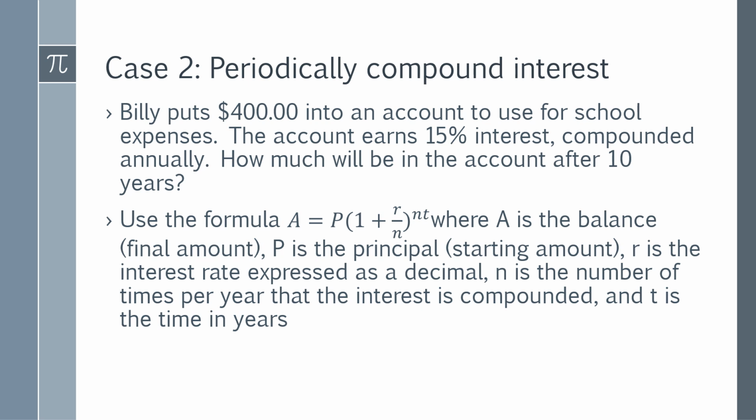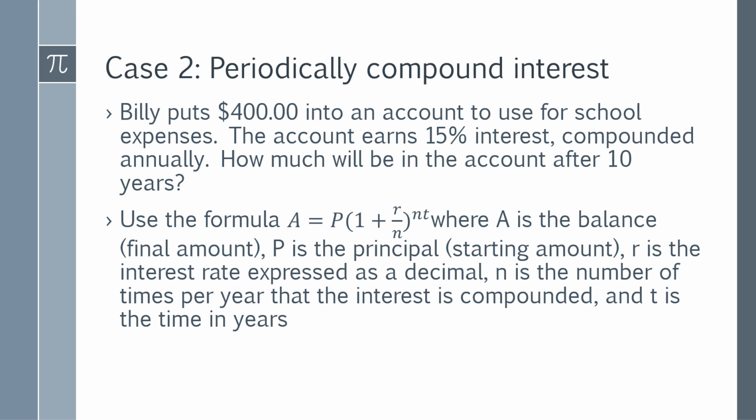Now this is what happens to your money when you open a savings account. Billy puts $400 in an account to use for school expenses. The account earns 50% interest, compounded annually. How much will be in the account after 10 years?